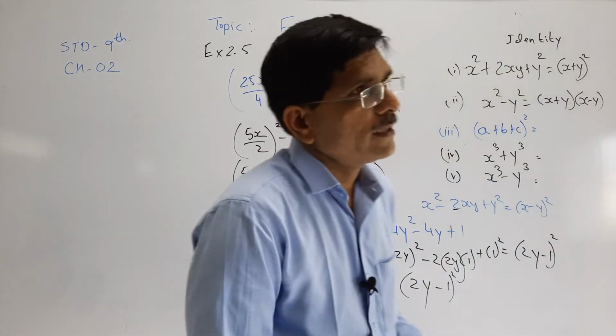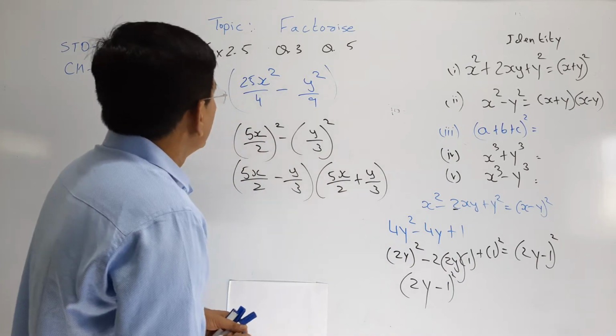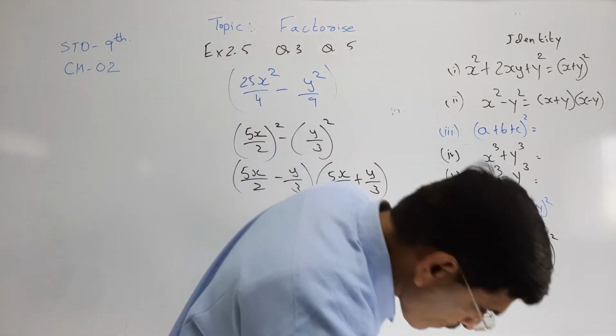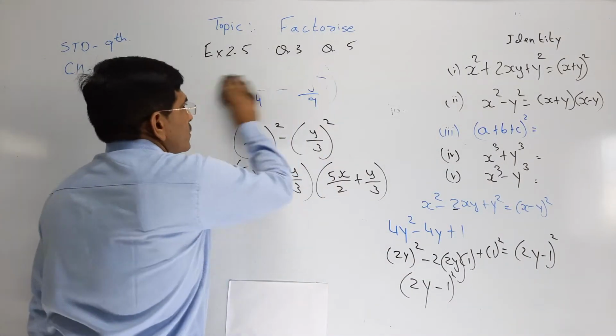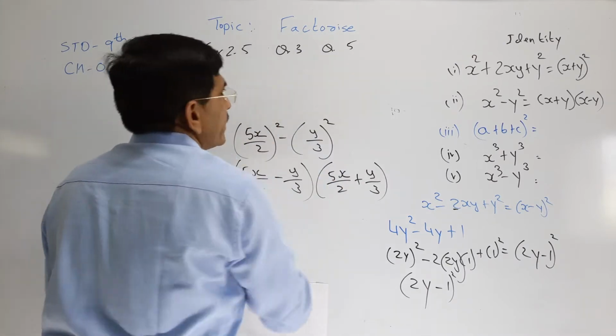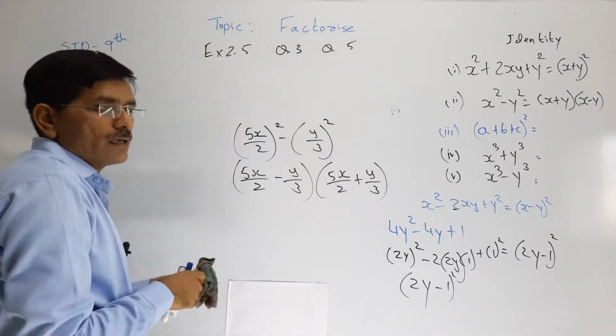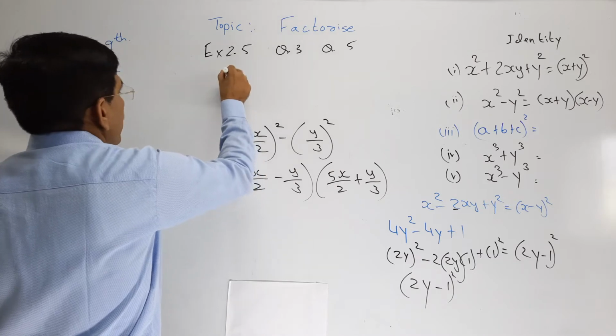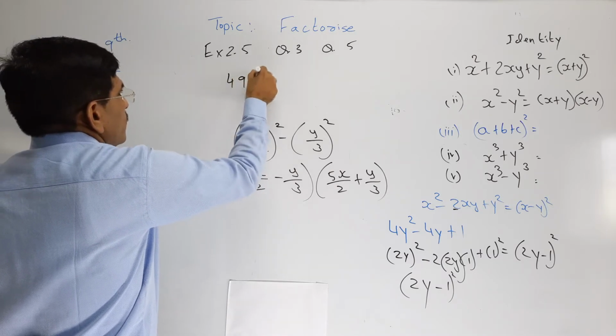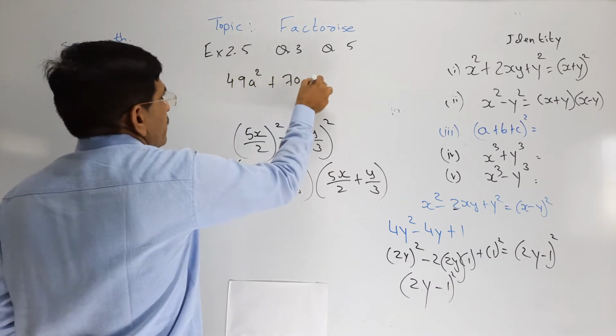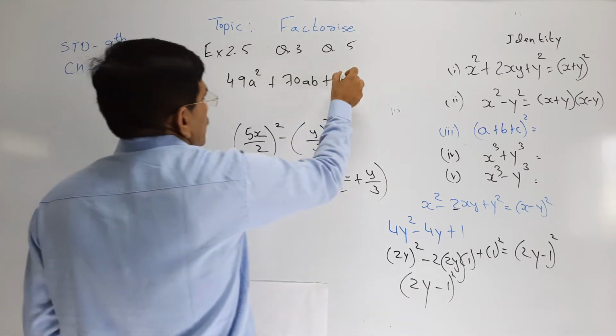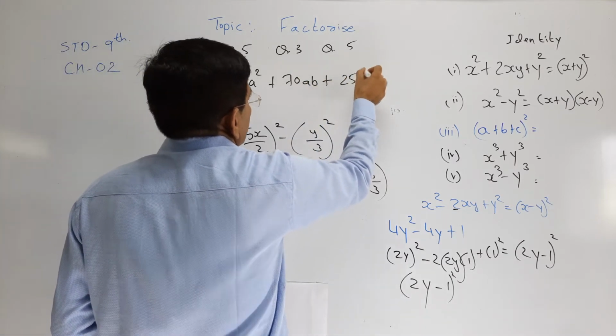One more sum related to question number 3: 49a square plus 70ab plus 25b square.